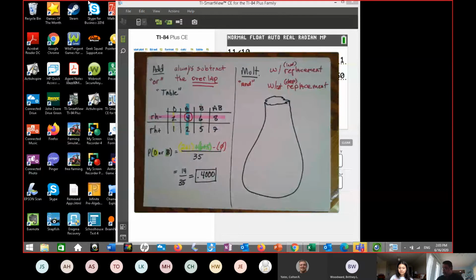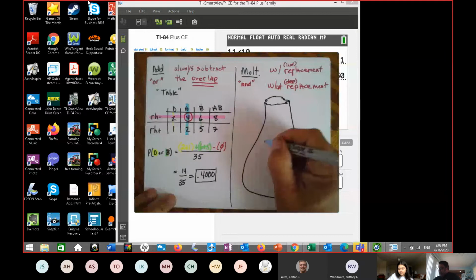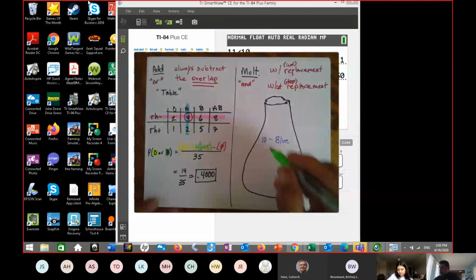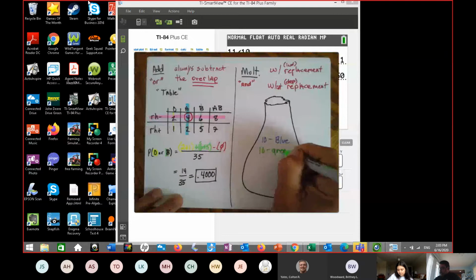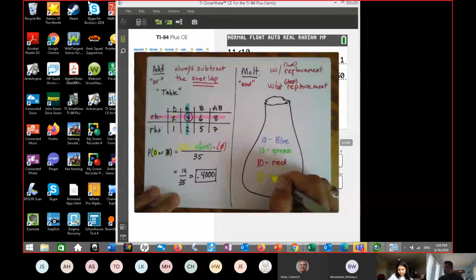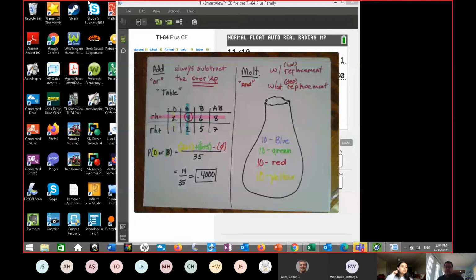We've got 10 blue marbles, 10 green marbles, 10 red marbles, and I got to put my favorite color in there, 10 yellow marbles. So you know the denominator is going to be 40. You already know that. Okay?